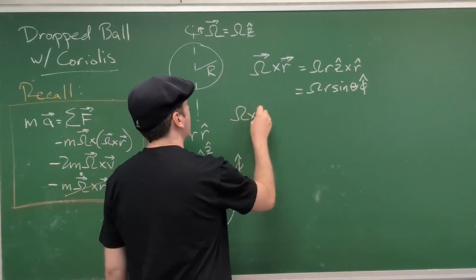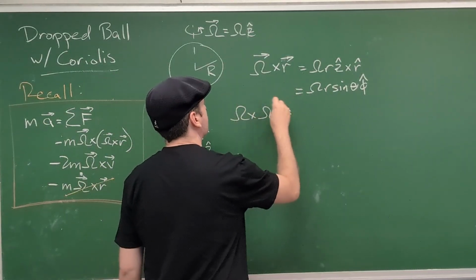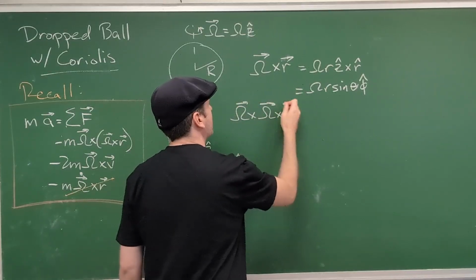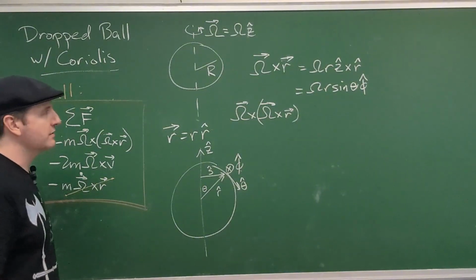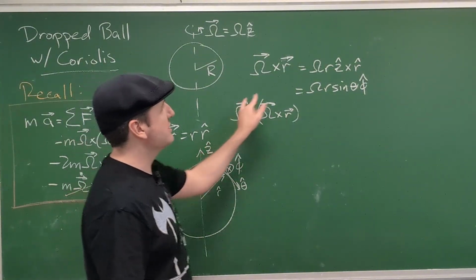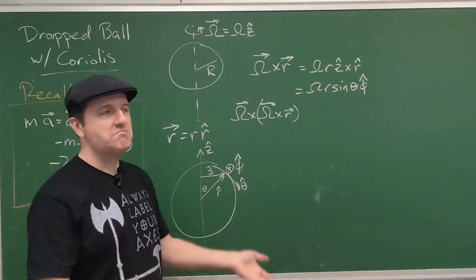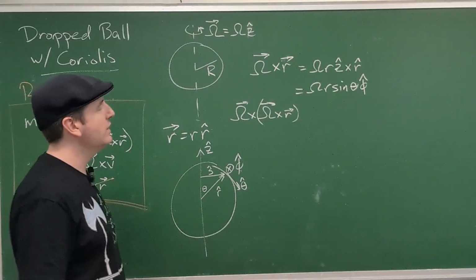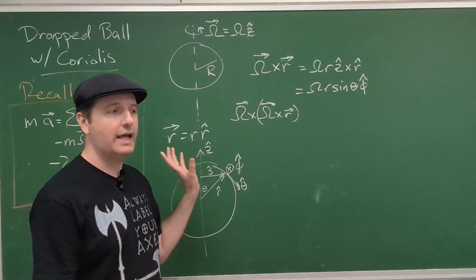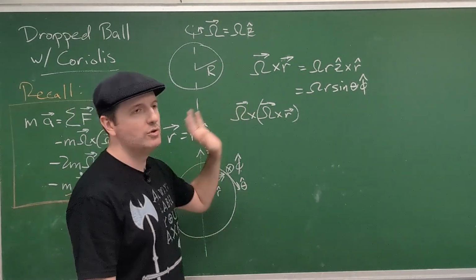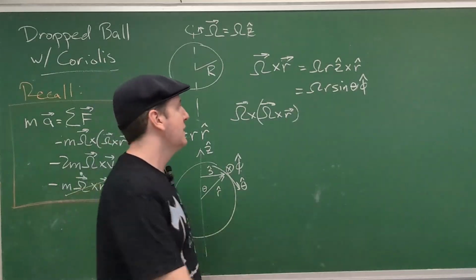We also need omega cross omega cross r. Keep on putting unit vectors here. We do have to worry about the parentheses here. We could very easily just take another cross product here, but hey, it's a physics video. Why don't we try looking at the BAC-CAB rule? This is how we can handle these double cross products.